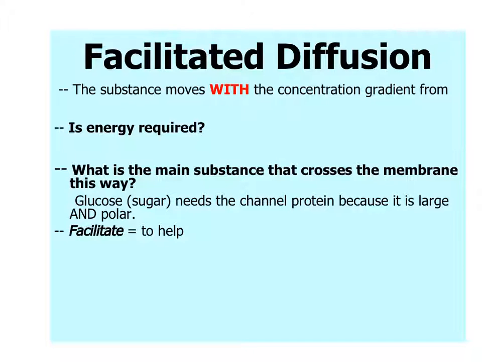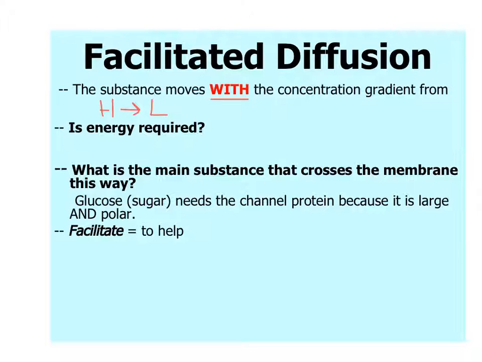Alright, so what exactly is facilitated diffusion? That is when substances move with the concentration gradient. And what does that mean? They're moving from what concentration to what concentration? Let's see if you remember. You are right. Whenever you're going with the concentration gradient, you're moving from high concentration to low concentration.